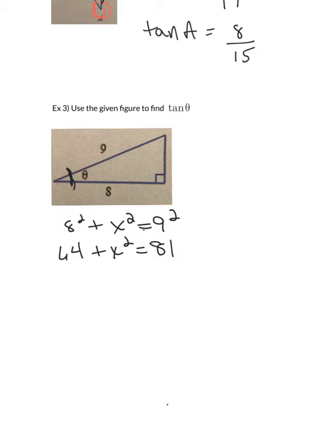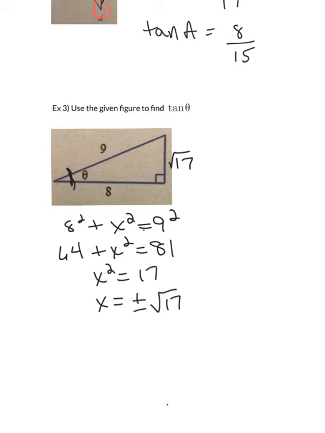Subtract 64 on both sides, you get x squared equals 17. So x technically is plus or minus the square root of 17, but the side of a triangle has to be positive. So the side that we don't know is the square root of 17.